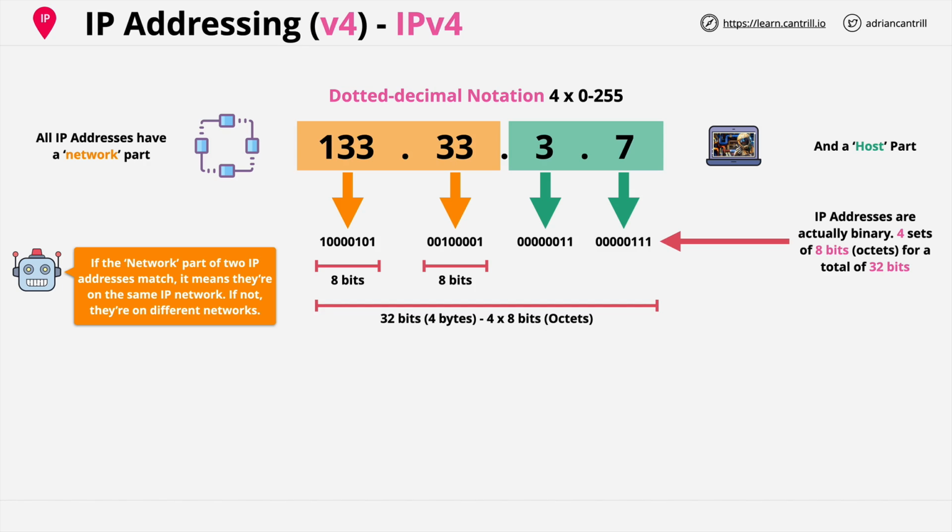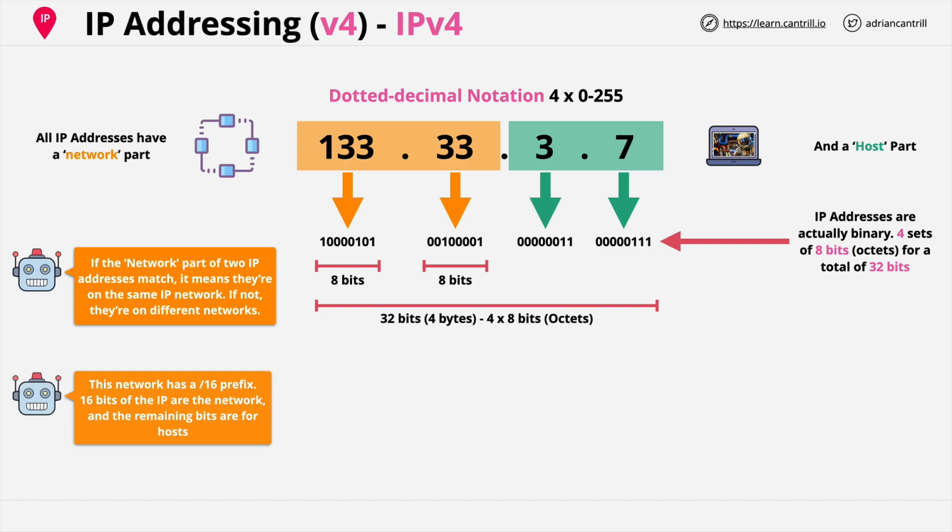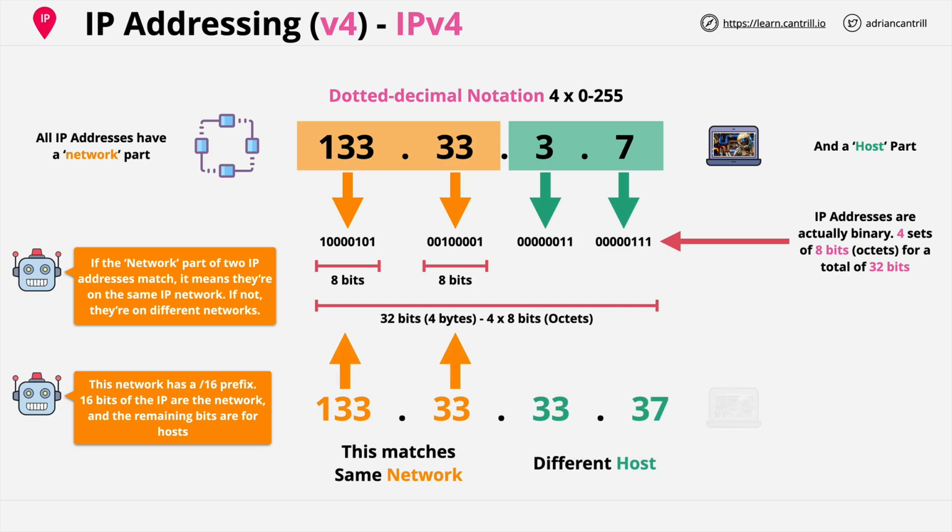In this example, this IP address has what's known as a /16 prefix. This means that the first 16 bits represent the network and the rest are for hosts. Now don't worry, I'll talk about how this works in detail coming up next. Because the first 16 bits are network, it means that a second IP address, so 133.33.33.37, because the network part of that matches, so 133.33, then it's on the same IP network.